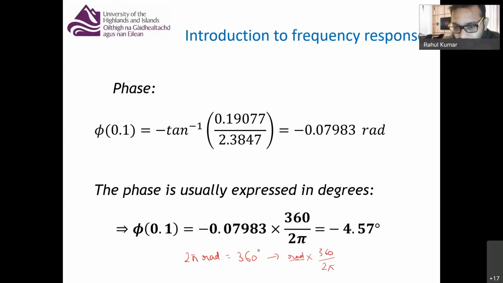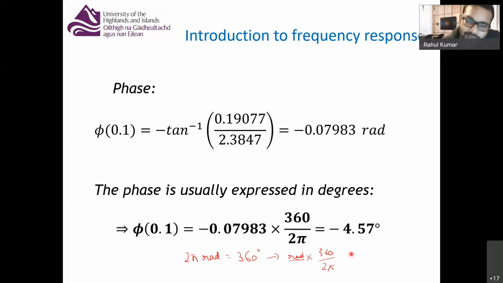So that is what we have done. We end up getting minus 4.57 degrees. Okay, so this is the phase angle.